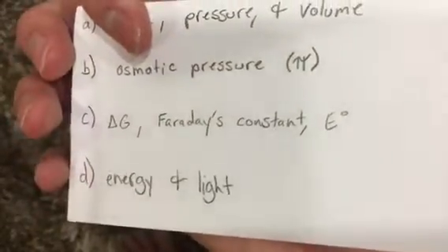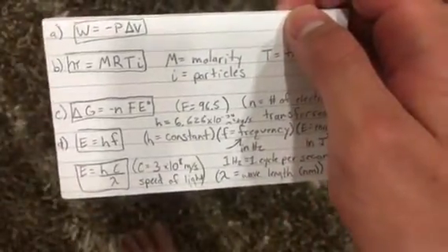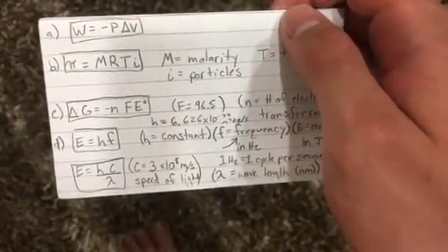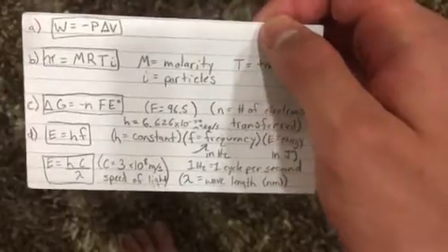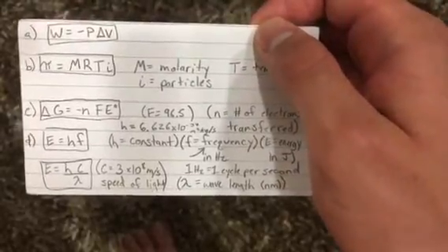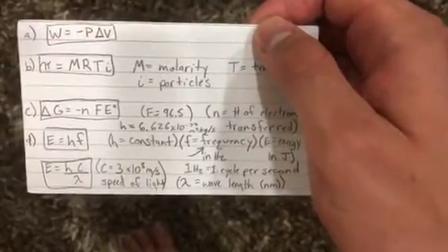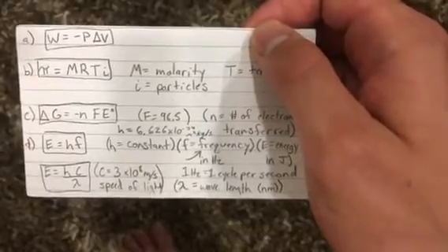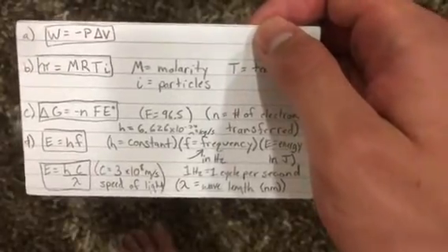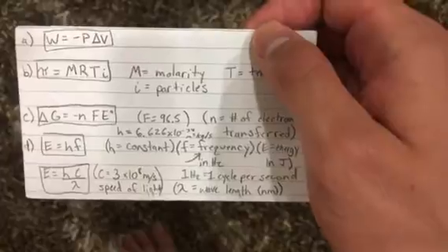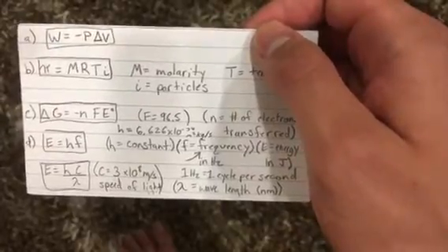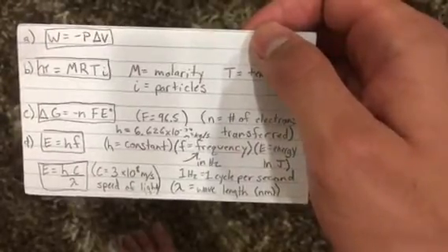Okay. Next equation, let's do energy and light. So energy equation says that energy is equal to Planck's constant, which is 6.626 times 10 to the negative 34 meters squared times kilograms per second, times the frequency. That's the energy. It will be found in joules.